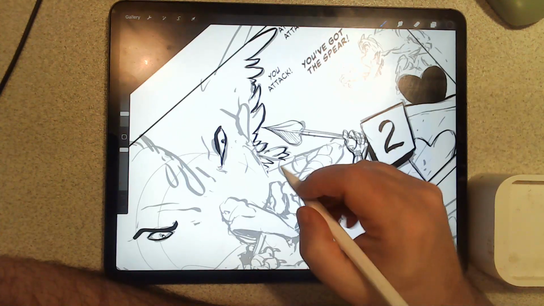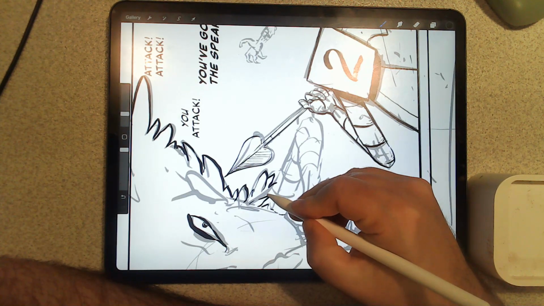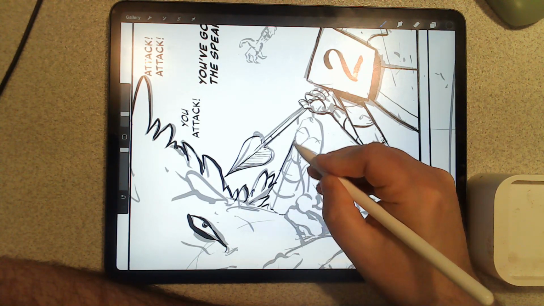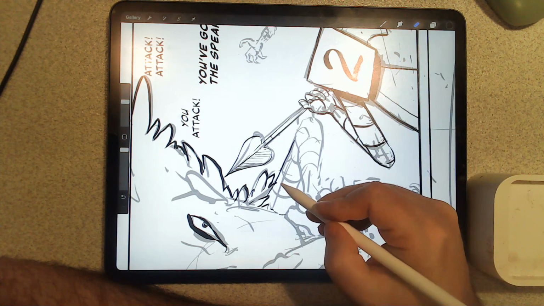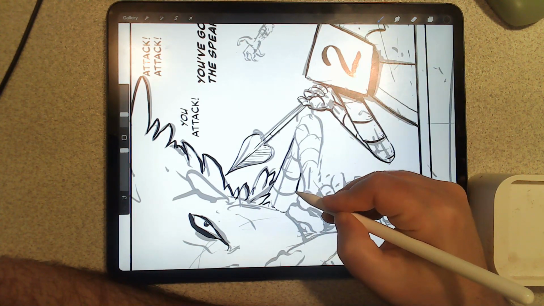There's going to be a lot of feather detailing in this one because the monster is even closer at this point. So we can really show some detail.